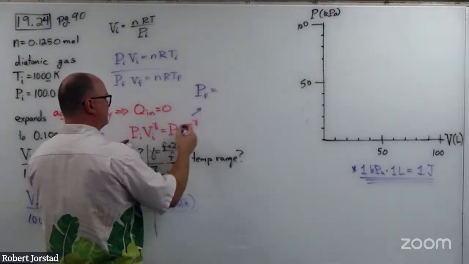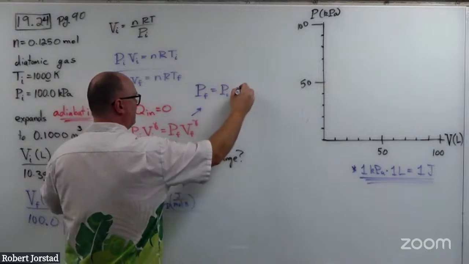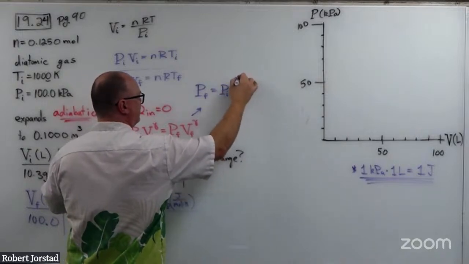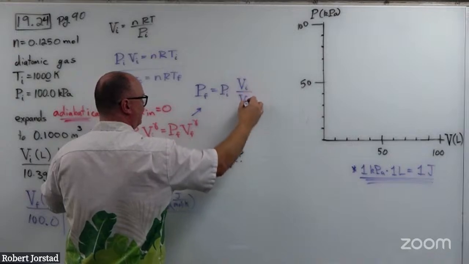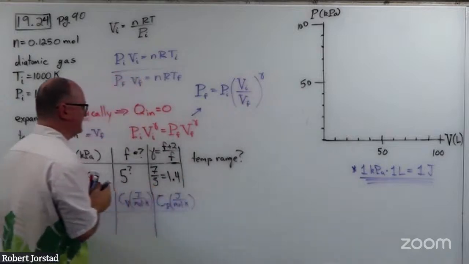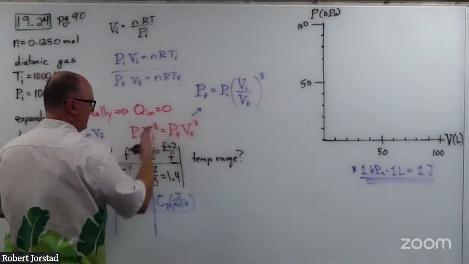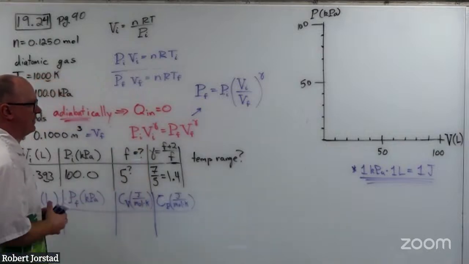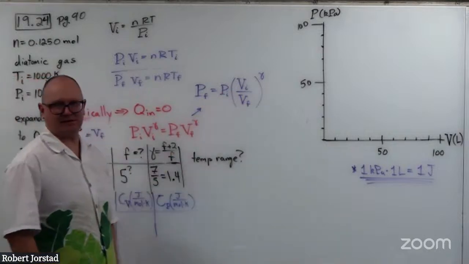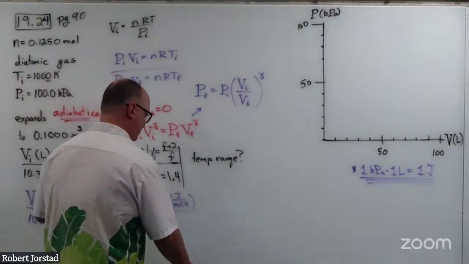P final is equal to P initial times V initial over V final quantity to the gamma. Take a second, right? You divide this over and then you can put this is equivalent to that. So now think, do I need to worry about the units? No. All right, so let's punch in our numbers real quick.